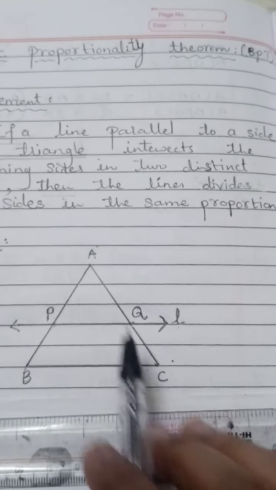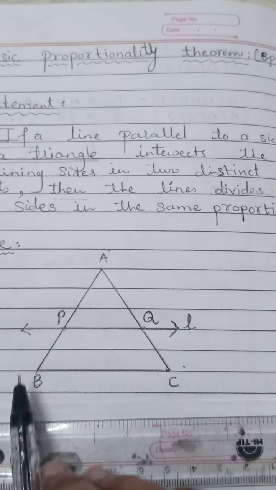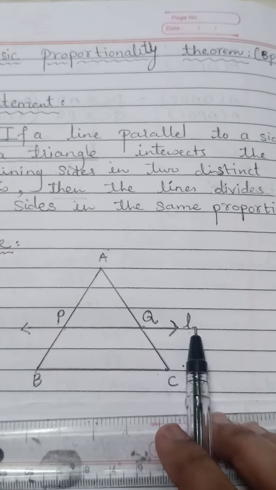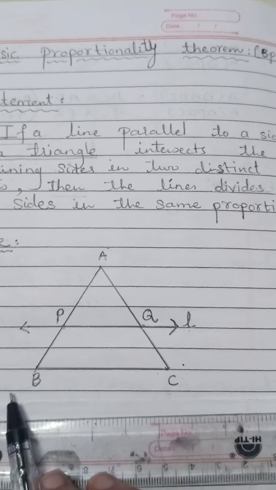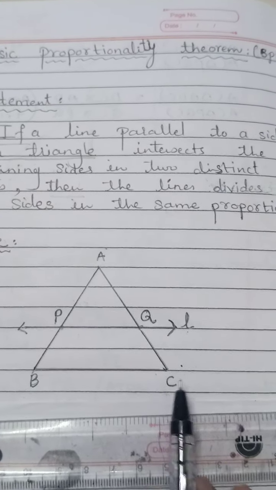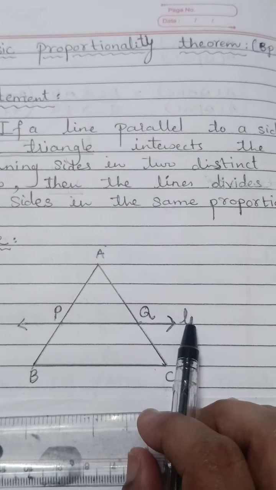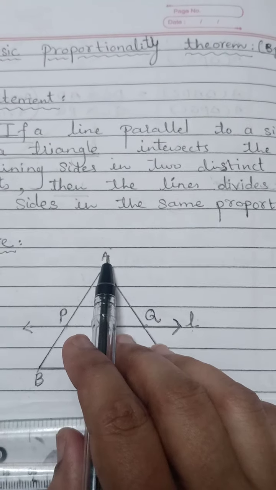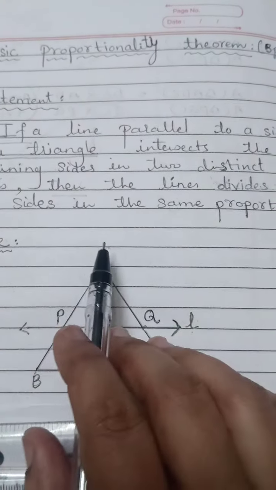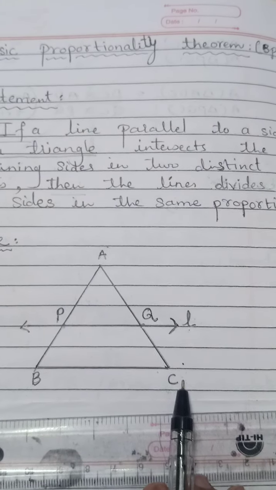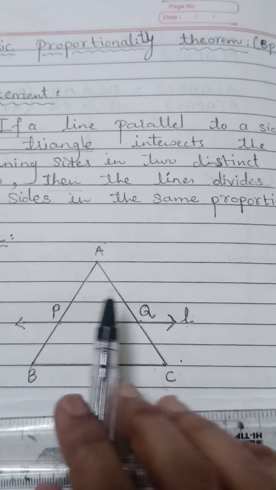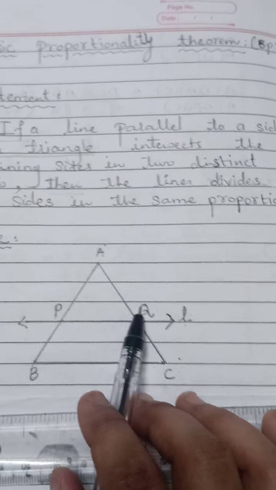Okay, again I will repeat. In triangle ABC, line L is parallel to side BC, and also this line is intersecting two sides. So we'll write: line L intersects side AB and side AC at the points P and Q respectively.